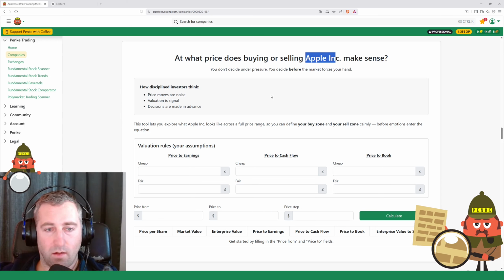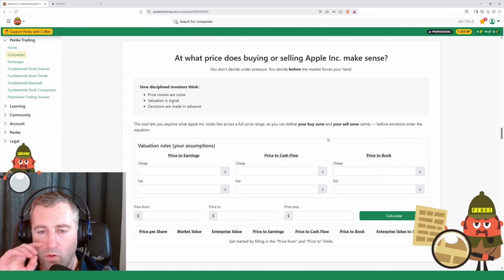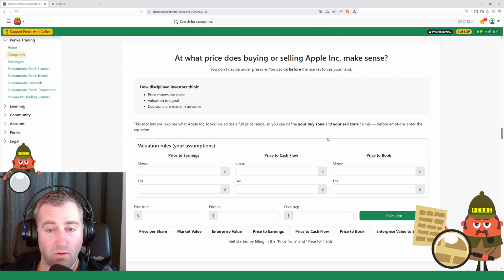So let's start. What most disciplined investors think: price moves are noise, valuation is a signal, decisions are made in advance. Now, the good part is we have all the data, we have the financial reports, and we calculated a lot of ratios on it.